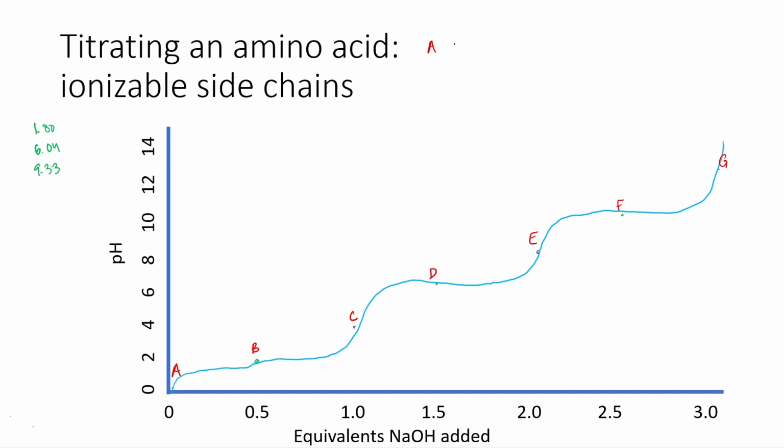So one part of our table is going to have all of these points. And then we want to talk about each of our groups. So we will talk about our carboxyl, our amino, and our side chain.